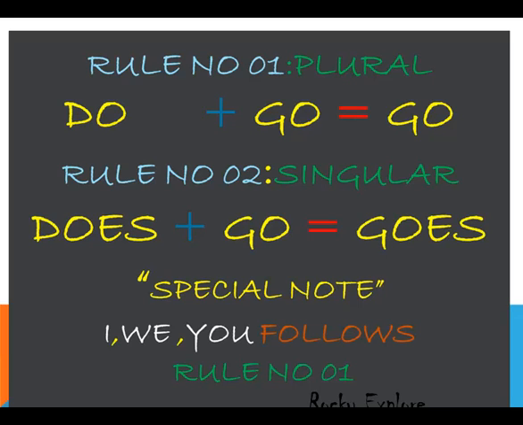Do plus verb is the rule they follow, not the next one, even though they may be single sometimes, with I and you. Similarly, does plus eat gives eats, does plus run gives runs, does plus come gives comes, does plus rain gives rains. So these are the examples.